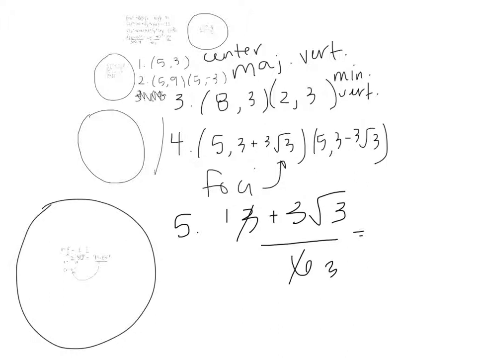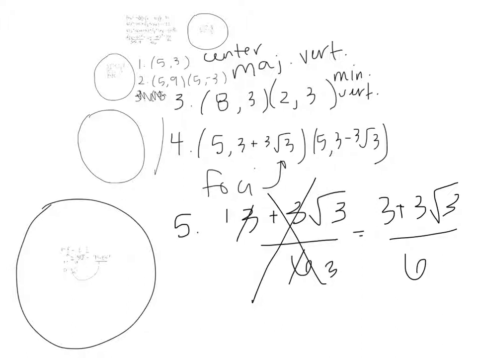You cannot do this. I just thought about that. It has to be left as 3 plus 3 root 3 over 6. And that's your eccentricity. It can't be simplified any more than it already is.